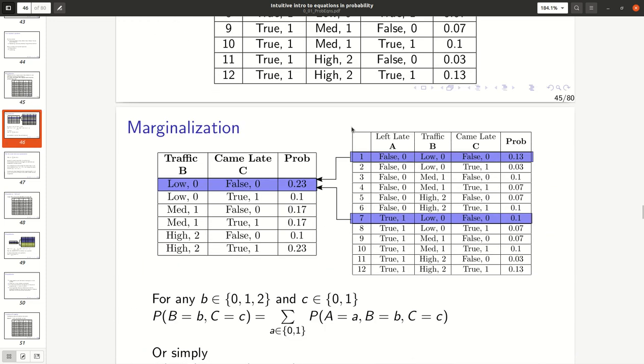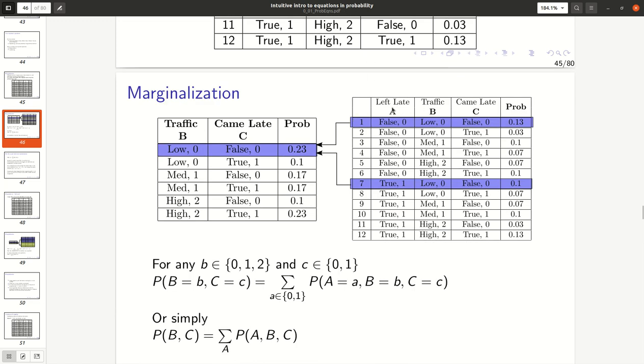So we have to remove column A from the original table and retain only B and C. So in the new table there will be only B and C. Let us see what happens to each row here. Consider the first row in which the value of B is 0, and the value of C is also 0.